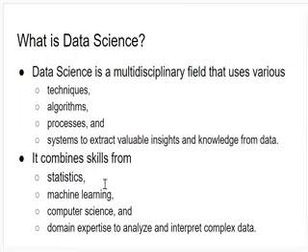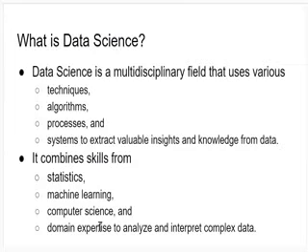The basic question: what is data science? Data science is a multidisciplinary field. It involves a lot of disciplines like techniques, algorithms, processes, and systems to extract valuable insights and knowledge from the data. The skills involved are statistics, machine learning, computer science, and domain expertise to interpret and analyze this data.